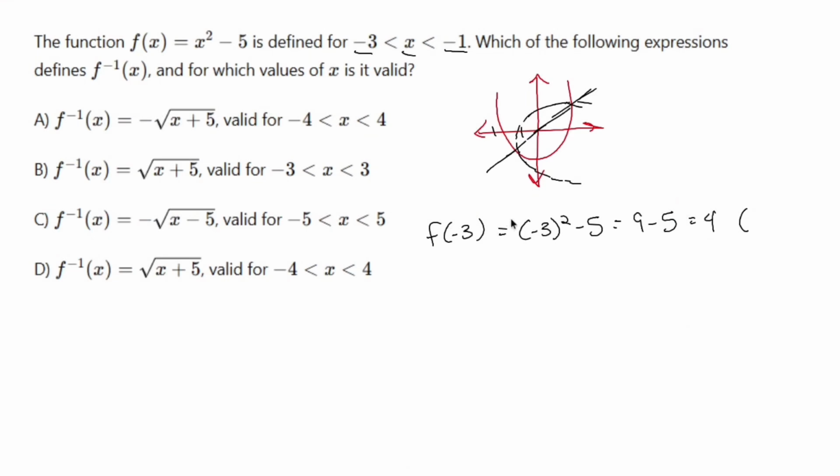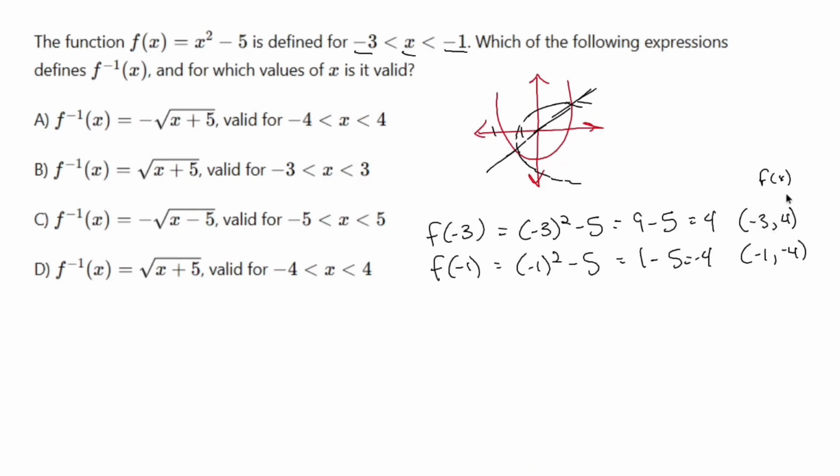That gives us a point on the f(x) function of (-3, 4). I'll explain why that matters in a little bit. Now, f(-1) is going to be (-1)² - 5, which is 1 minus 5, which is -4. So that gives us the point (-1, -4) on f(x).